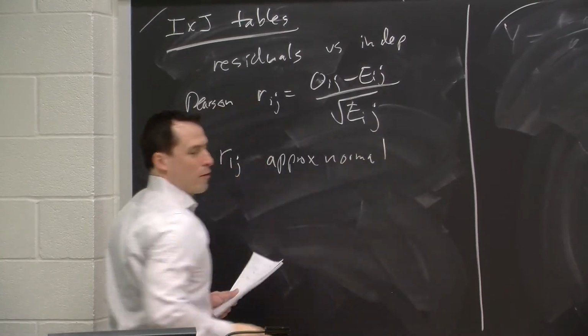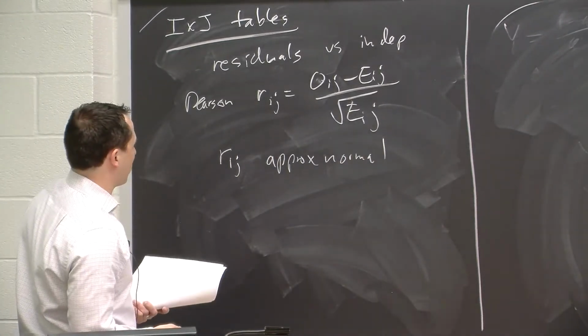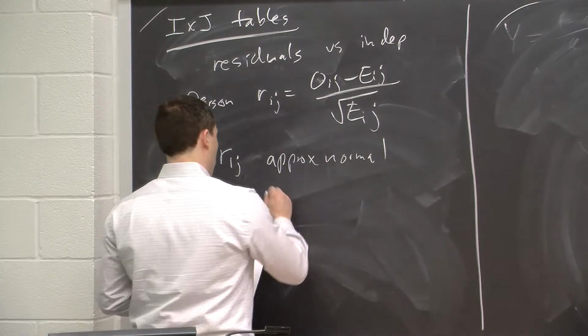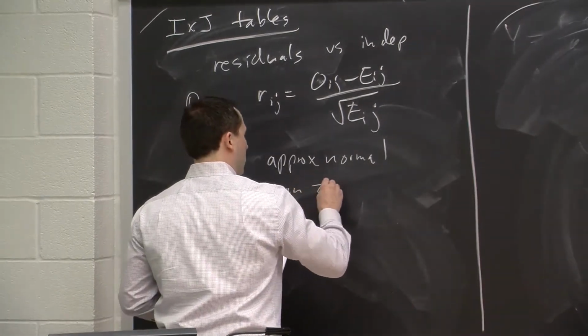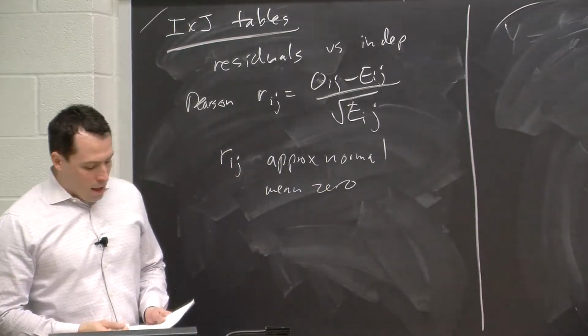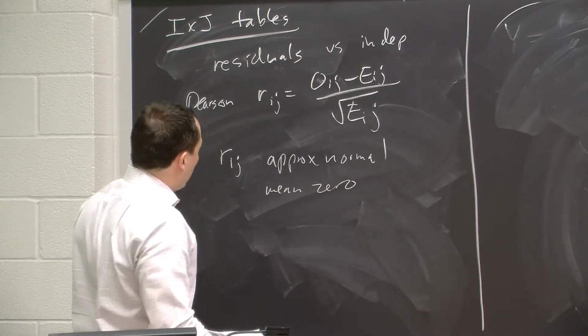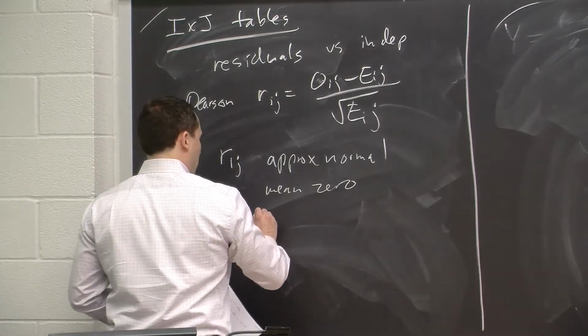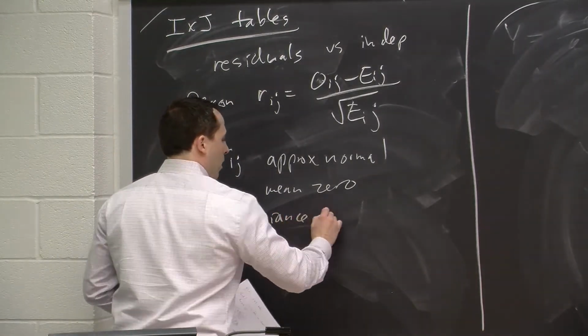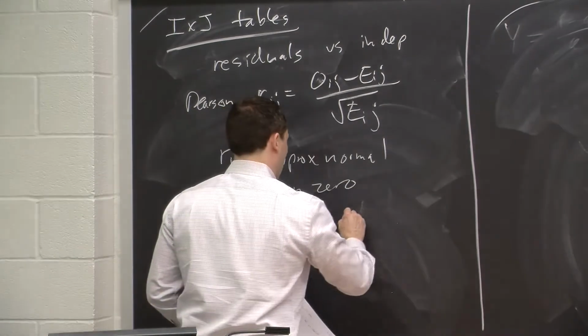I promised I would say a few words more about the statistical treatment of residuals. They're going to be approximately normal, and the mean is going to be 0. But if you think about it, the variances depend on the multinomial, so the variances are not all equal.